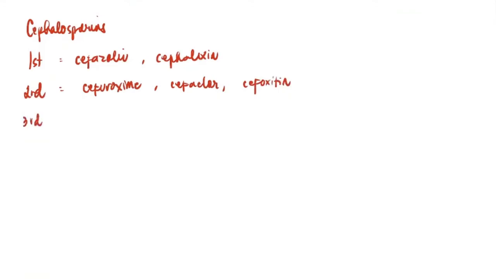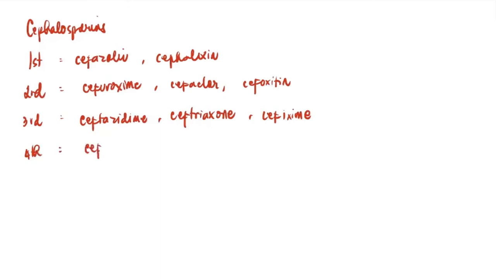For the third generation, we have ceftazidime, ceftriaxone, and cefixime. Okay. Then for the fourth gen, we have cefepime. And for the fifth gen, we have ceftobiprole.